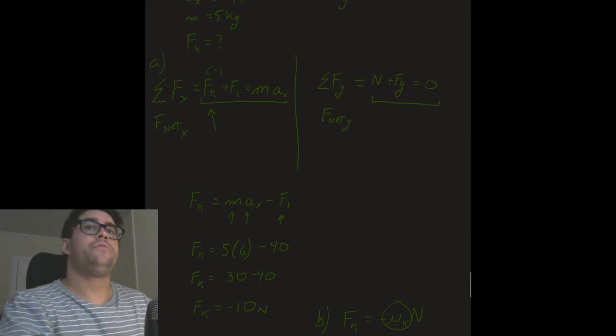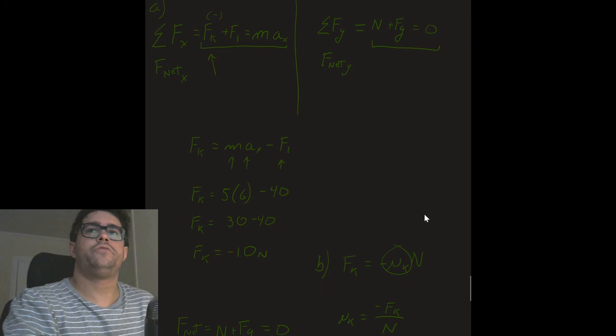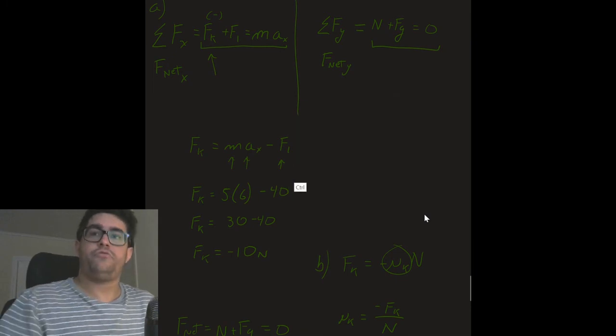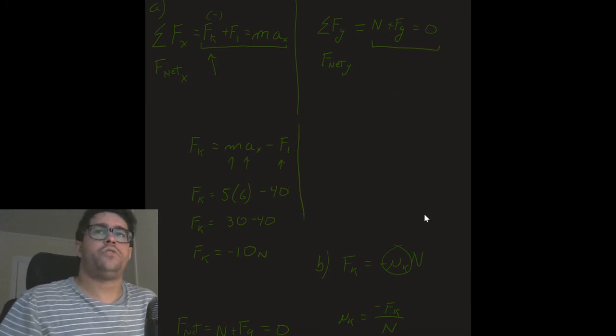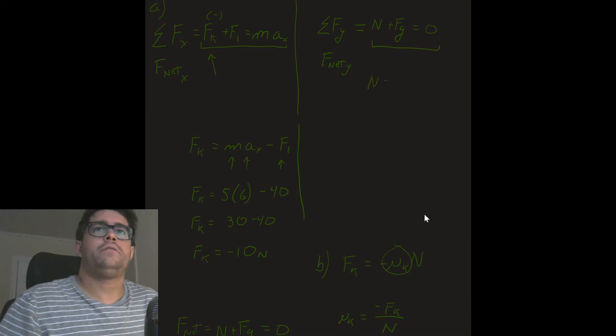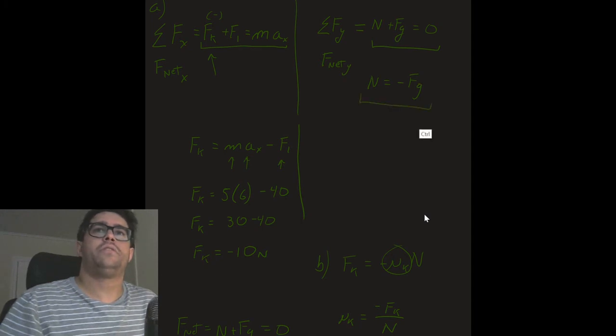So let's do the work we haven't done that we should have done before, just because we know we're going to use it. So N will be equal to minus Fg.